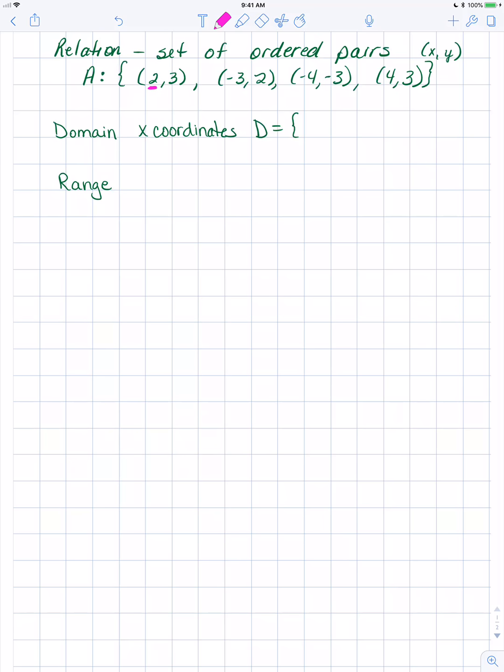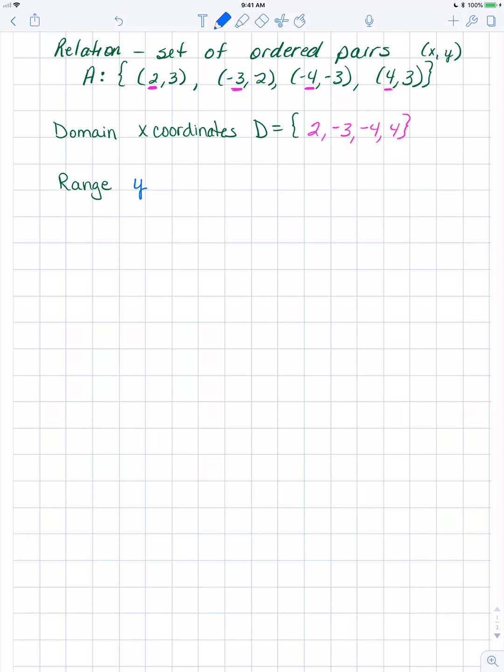Well, my X values, that first one in each of those ordered pairs. And so we're just going to list them out. So 2, -3, -4, and 4. And that's your domain.